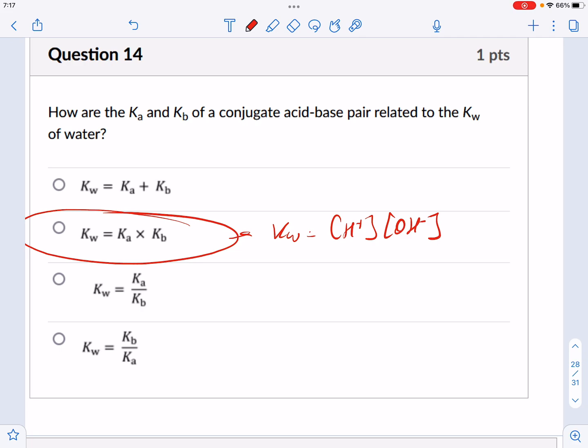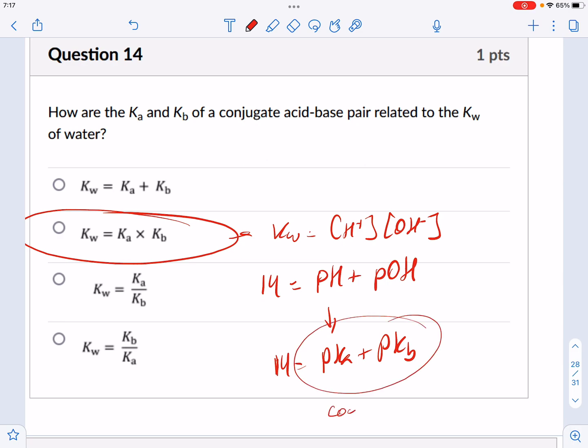All right, and the other one that you need to know is that if you take minus logarithm of both sides, then you get 14 equal pH plus pOH, and similar to this is that 14 is equal to pKa plus pKb. All right, remember this always goes for a conjugate pair. Okay, so those are the numbers that you're using there.